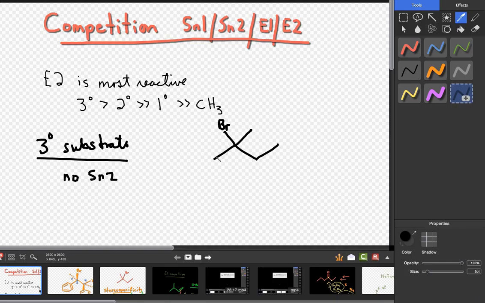So the question that we have to answer is, what is the nature of the nucleophile / base? If I have a strong nucleophile / base, like a hydroxide or an alkoxide or an amide, then this mechanism is going to be E2 all the way.